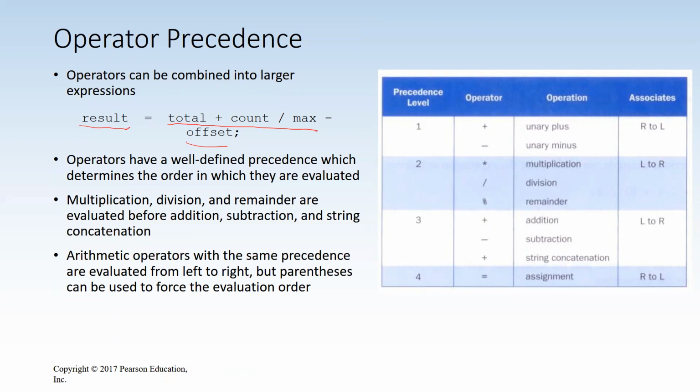Division and multiplication always come first before subtraction or addition. So you will do this one first, then this one second, and then the whole thing, subtraction, third. So division, addition, and subtraction.